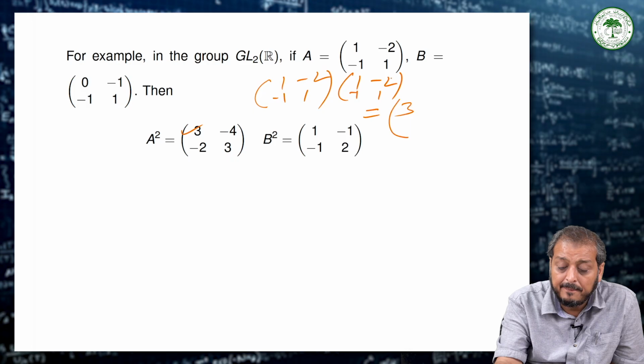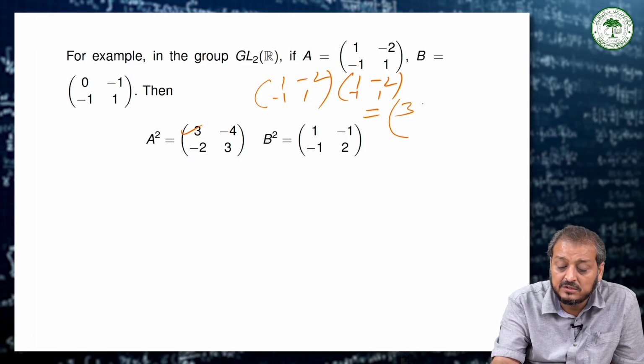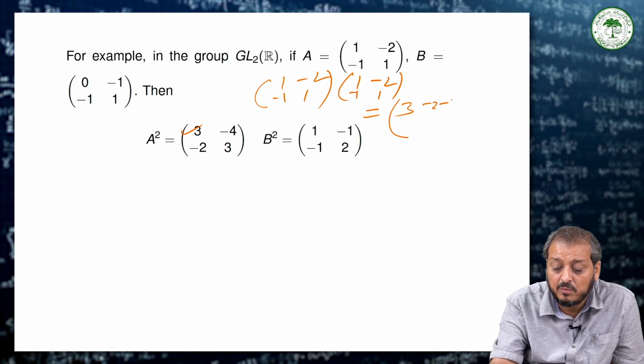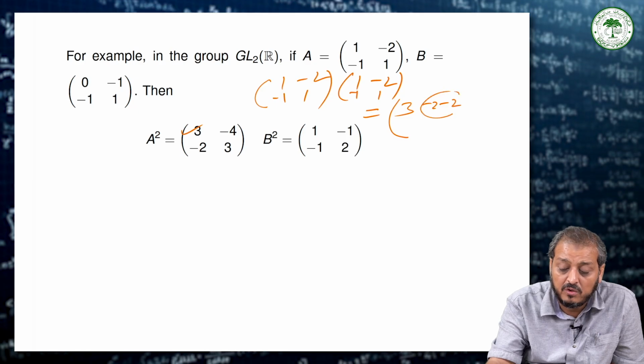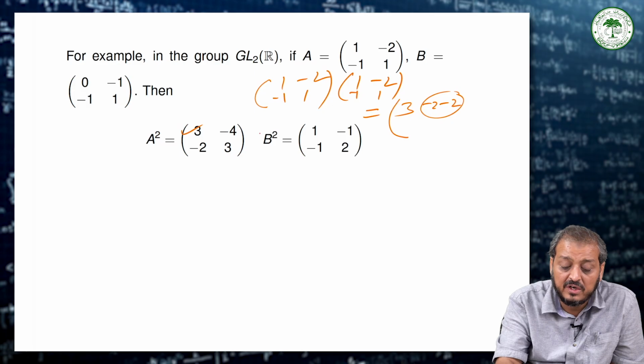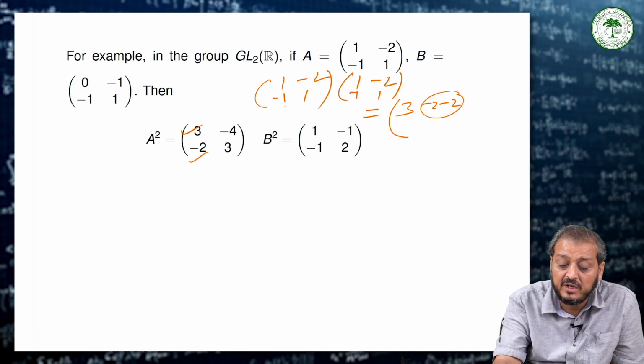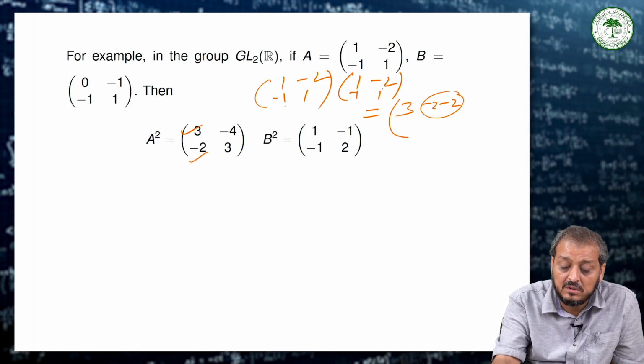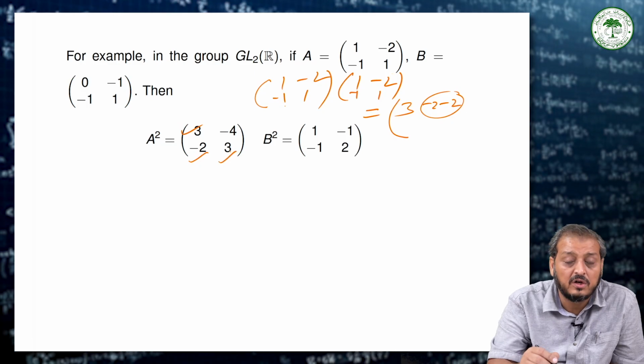Then we have minus 2 and minus 2, so minus 2 minus 2 is equal to minus 4. And then similarly this is minus 1 minus 2, and this is minus 2 plus 2, which equals 3.